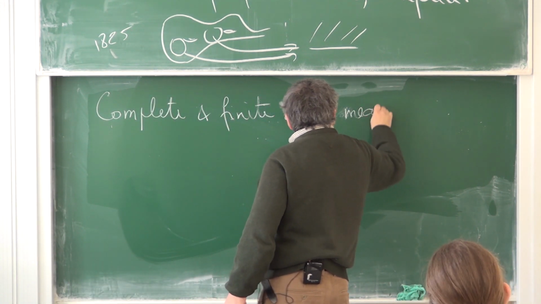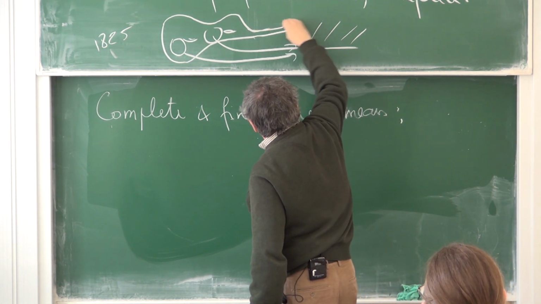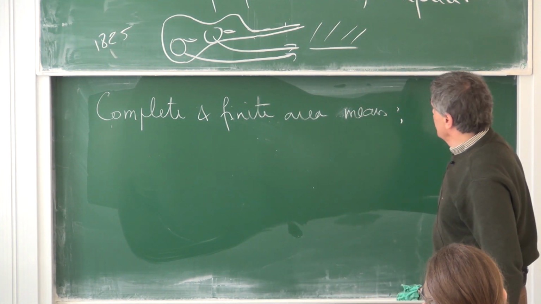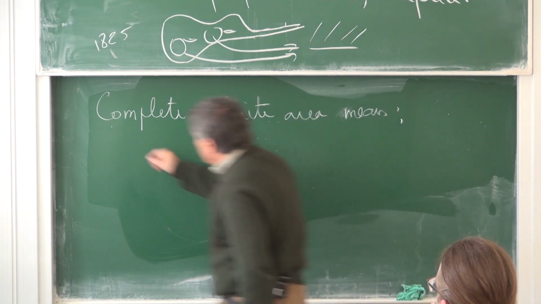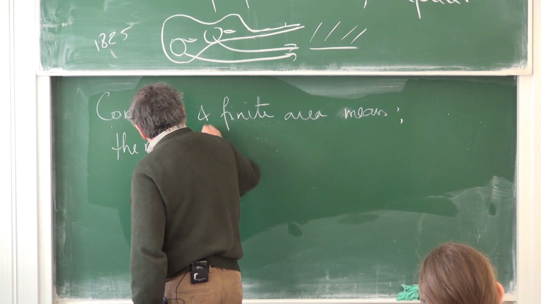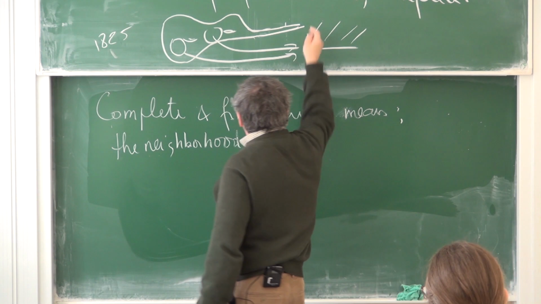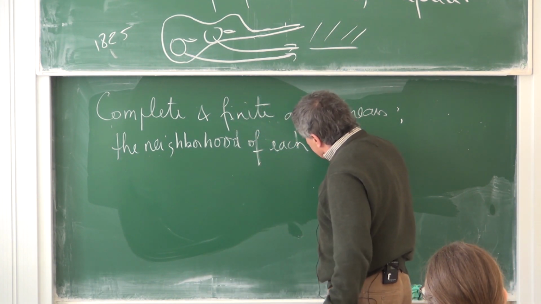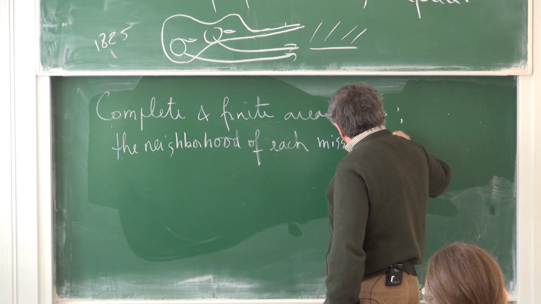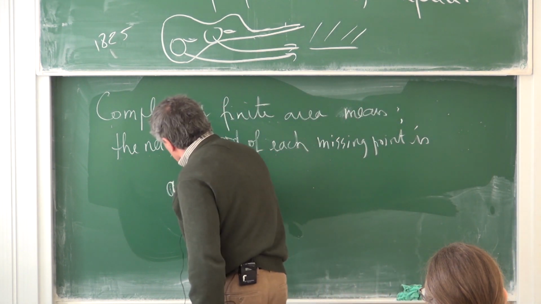Well, it means, you see here, so the surface may have some holes, missing points. So it means that the neighborhood of each hole or of each missing point is a cusp.